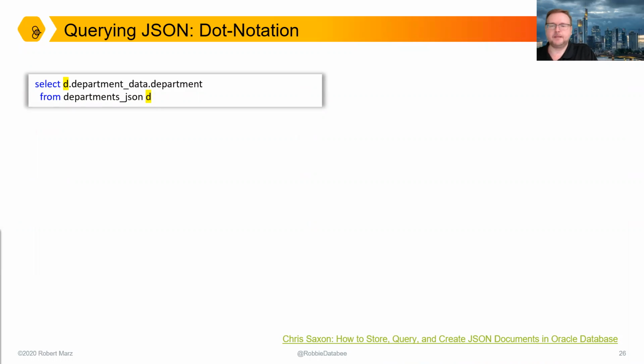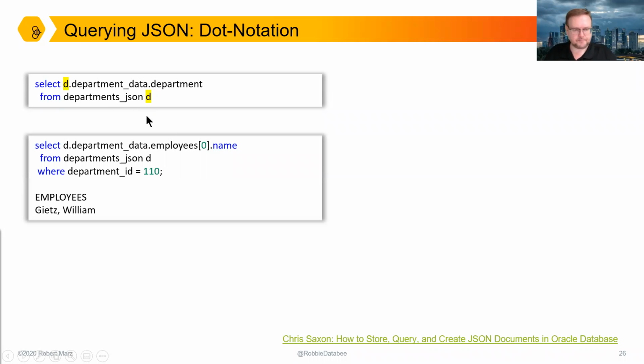Hold on. So if we say select departments.data.department. The important thing is that the dot notation only works if you prefix those columns with a table alias. So you have to use table aliases. This is why I marked those in yellow here.